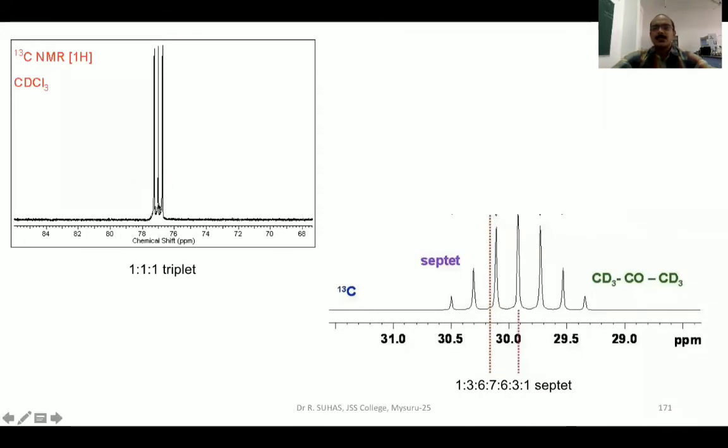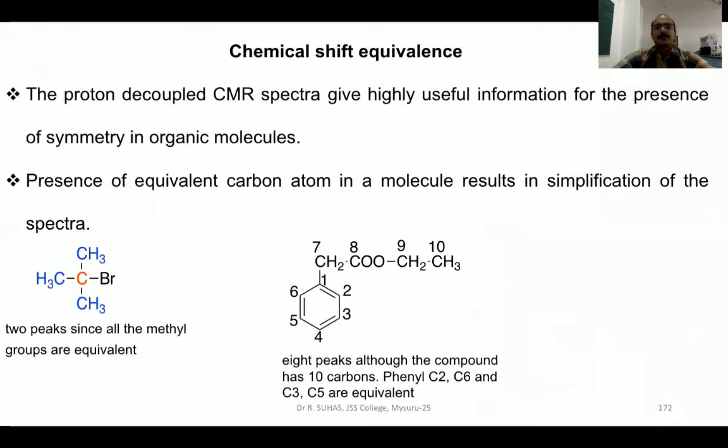So this is not usually observed in case of proton NMR because we are going to remove proton by replacing it by deuterium. Deuterium is not seen because it has not got any magnetic moment and hence that will not be observed usually in the proton NMR spectra.